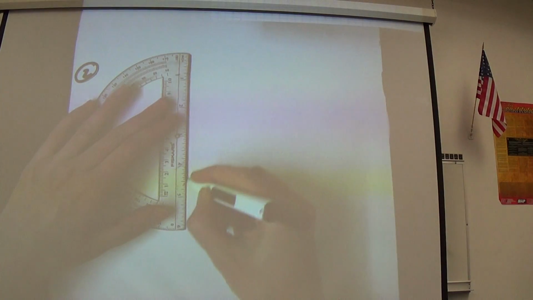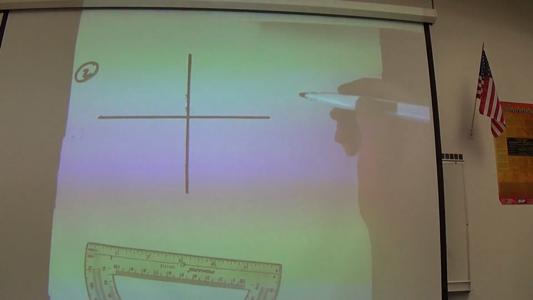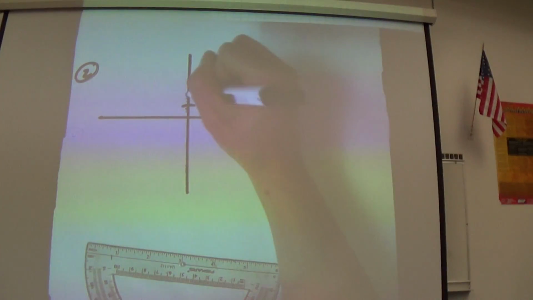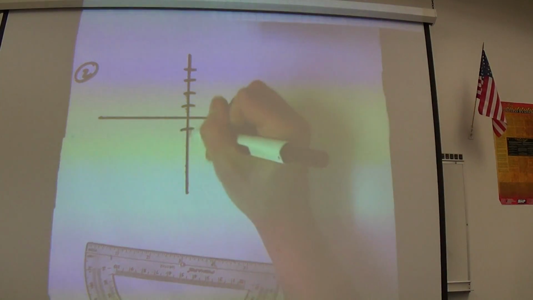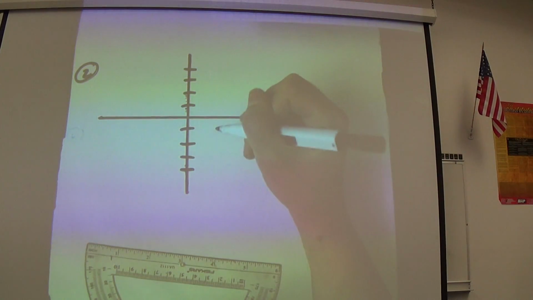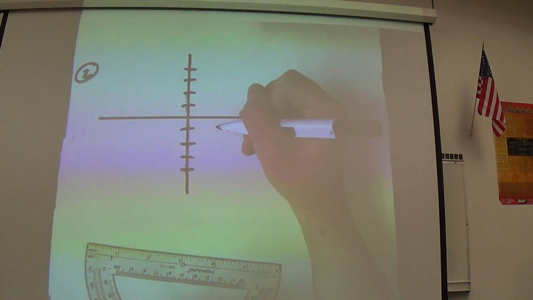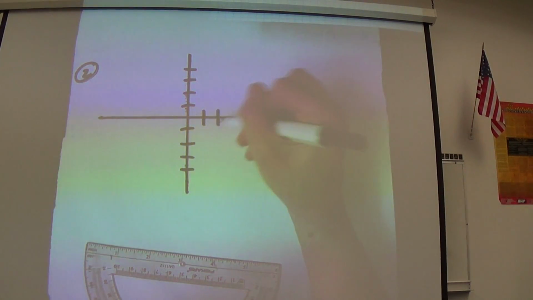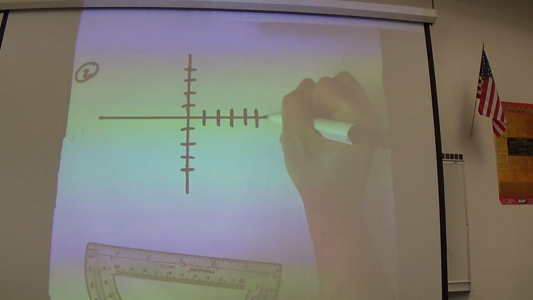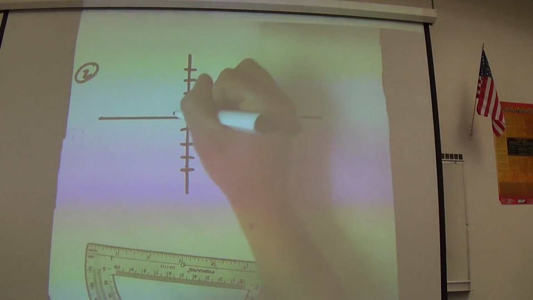So I want you to do your x and y axis. On the y axis, I want you to go 4 up and 4 down. And on the x axis, I want you to go 7 to the right and 7 to the left.